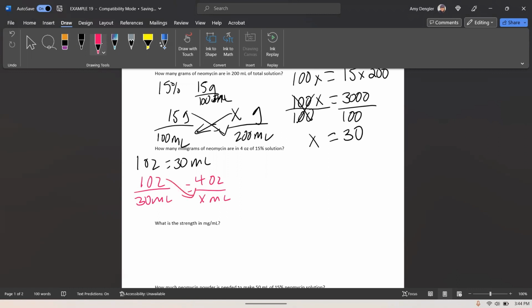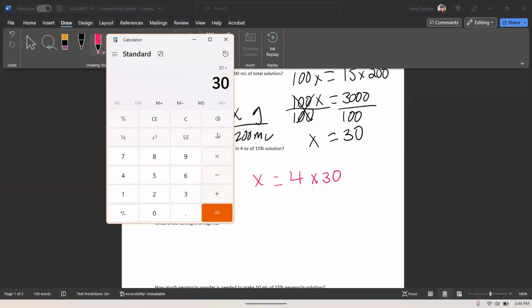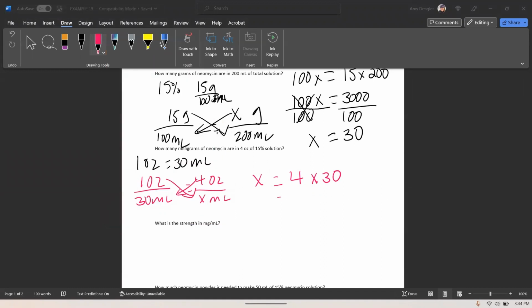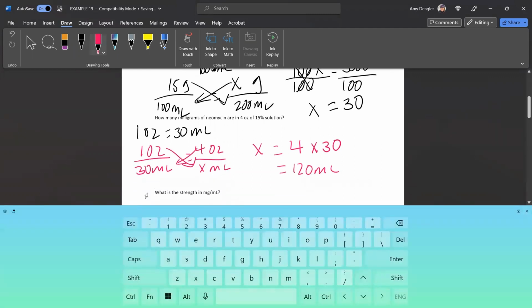So we would do 1x, which is just x, and then 4 times 30, 120. So that's 120 ml. So we had to do that before we could even begin to start the problem.